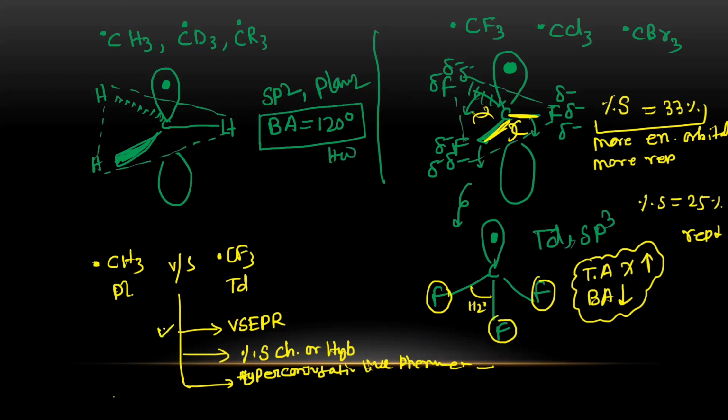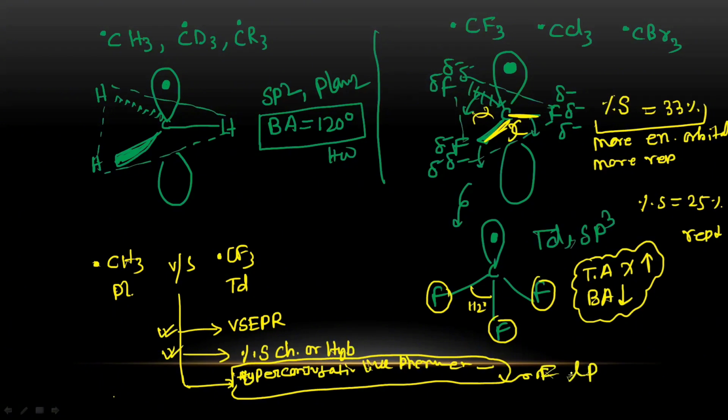Just understand these two explanations very well and take it as knowledge that there is another explanation that says it is a hyperconjugation-like phenomenon. Between whom? Between the fluorine lone pair and the sigma star of the CF bond. So these are basically the structure and bonding part of free radicals.